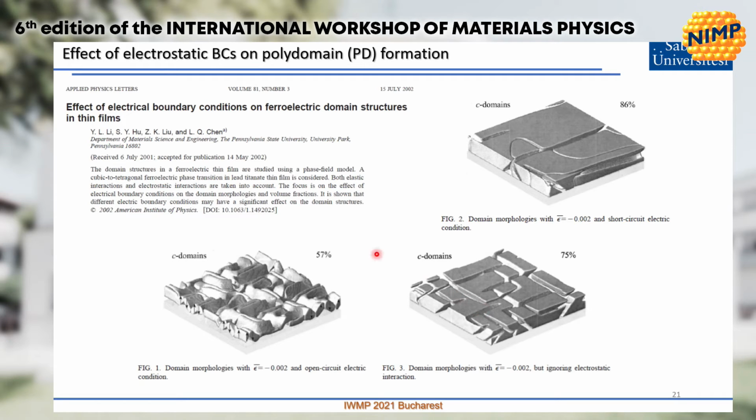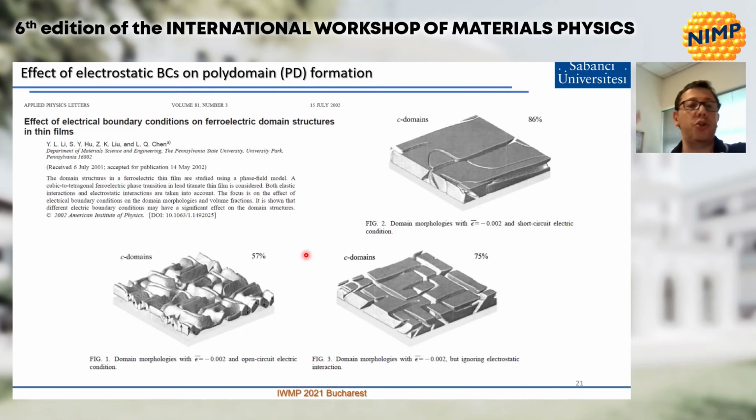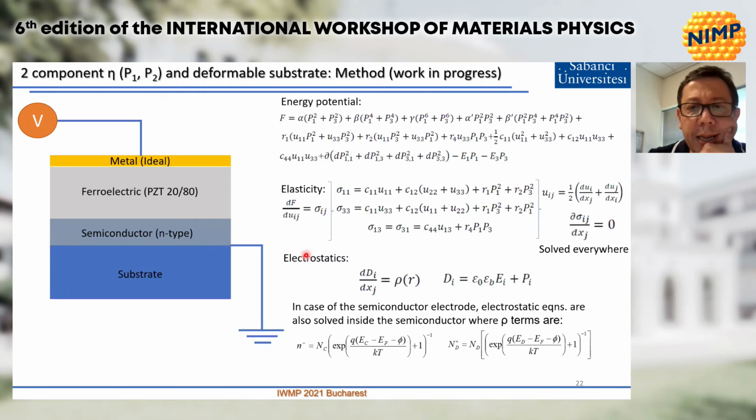They claimed that depending on the electrical boundary condition you pick, you can have very different domain states, including elastic domains. So this was the paper that I ran into while looking into the effect of electrodes.